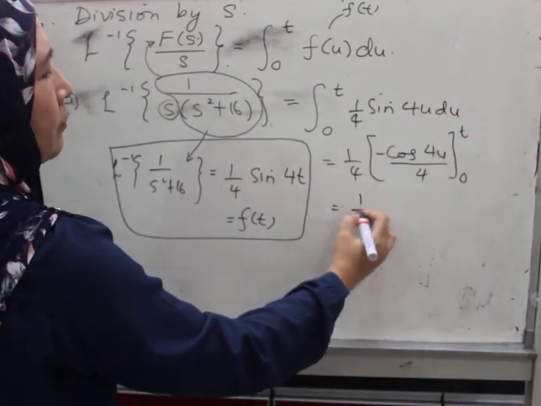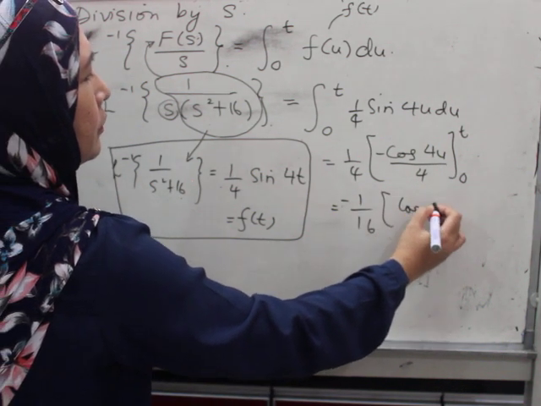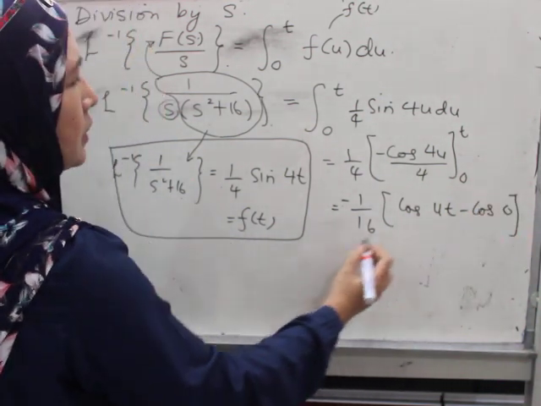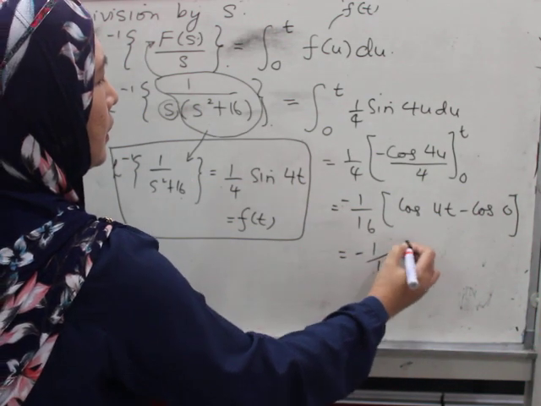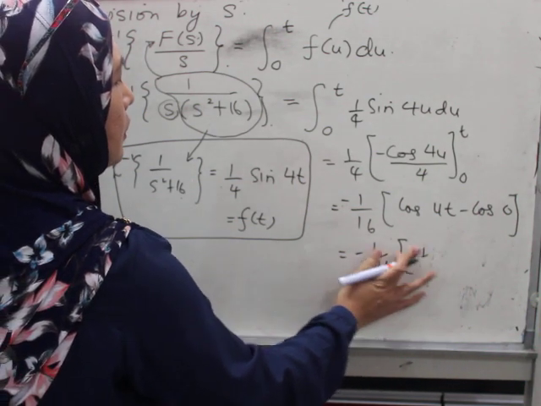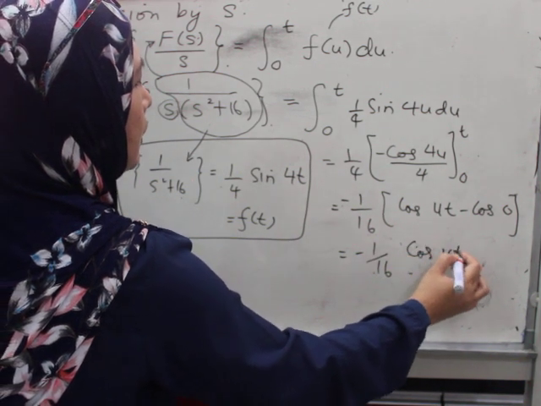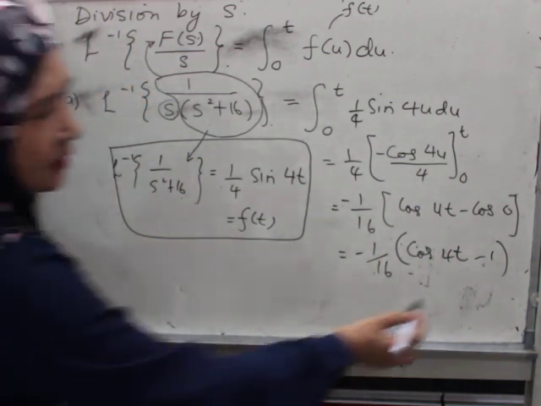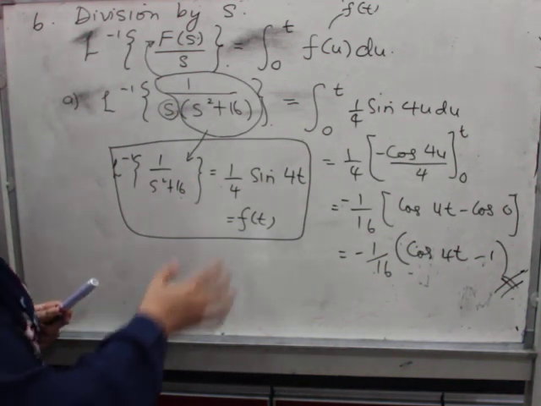So we have negative 1 over 16 times cos 4t minus cos 0, which is 1. So 1 over 16 times (1 minus cos 4t)... the answer is 1 over 16 (cos 4t minus 1) as written. Easy, right? It's not so difficult.